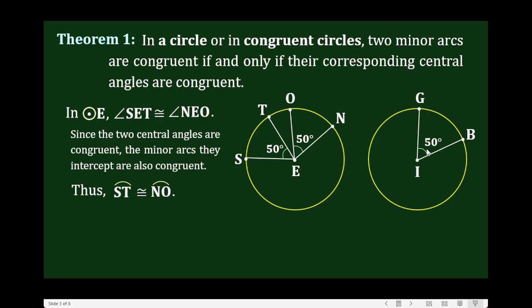It means that its intercepted arc BG is also 50 degrees.